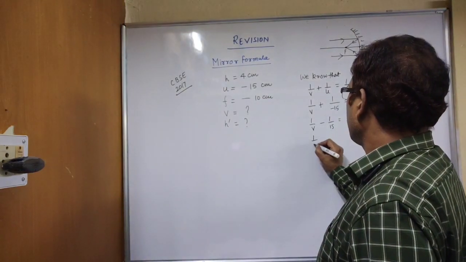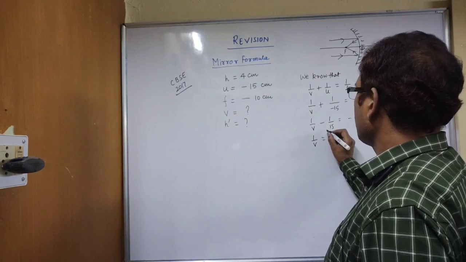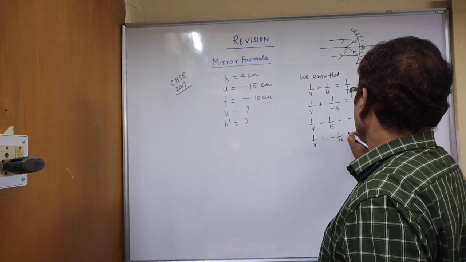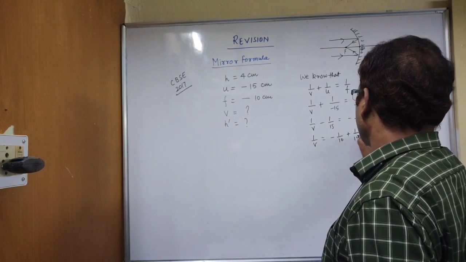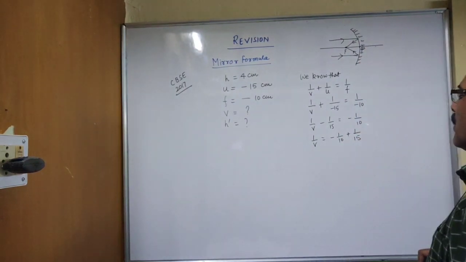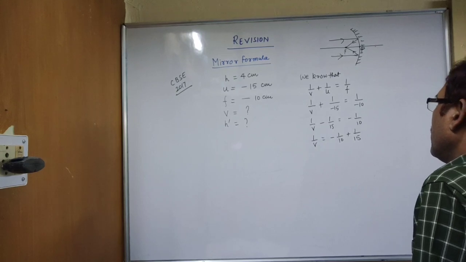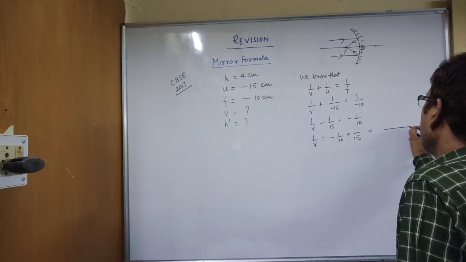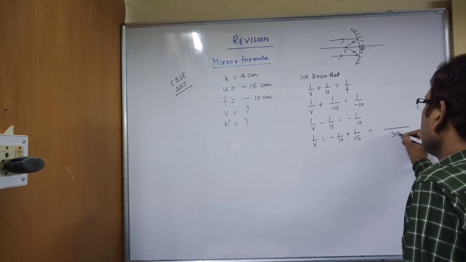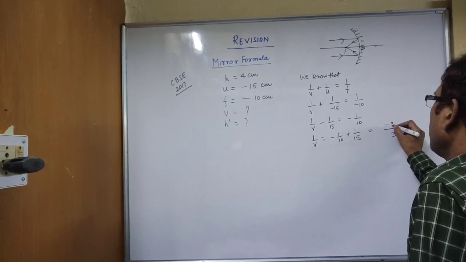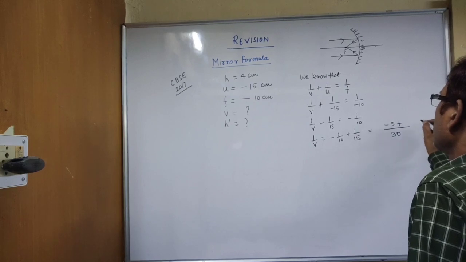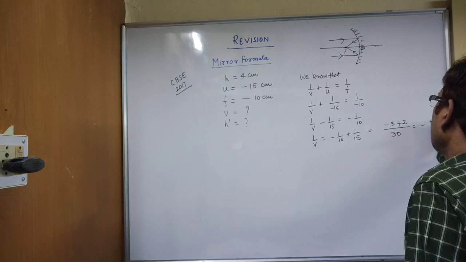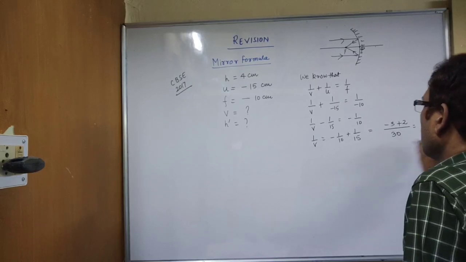Now take 1 by v this side, transpose this term towards the right, so it will be plus 1 by 15. Now take the LCM. The LCM will be 30. So it will be minus 3 plus 2, so it will be minus 1 by 30.